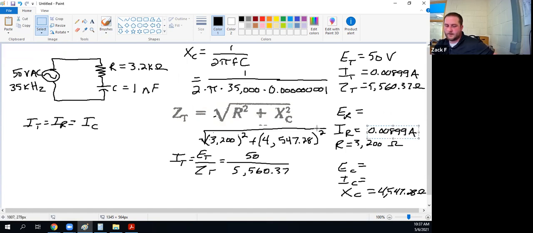Now can we use Ohm's law to solve for the voltage across the resistor and the voltage across the capacitor? Sure enough.